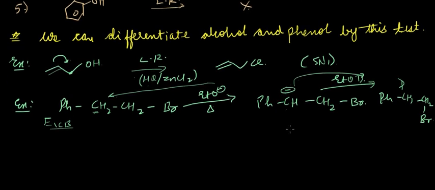Okay, and if we react this compound again with alcoholic KOH, having an E2 mechanism, and we are heating it, what will happen is obviously the pi bond formation will take place, and this is the alpha hydrogen.